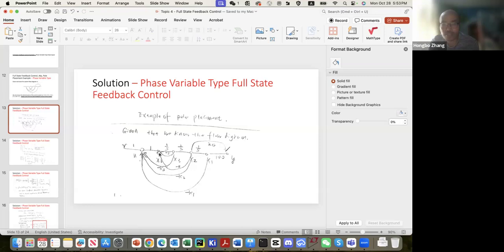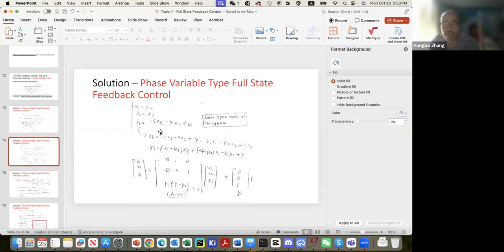S3 dot is R minus K1 S1 minus K2 S2 minus K3 S3, right? You can list a bunch of equations on this, and you get the state space. Again, by looking at this state space, we clearly know this is phase variable form. Why phase variable? Because it's easy.